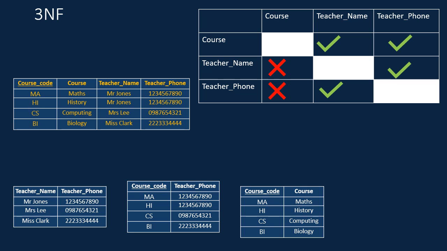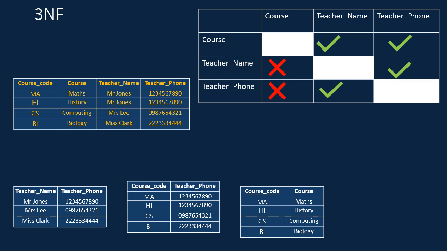And then the final table relates to the course code and the course. So teacher name and teacher phone we're taking out because there is a two-way dependency between those non-key attributes.